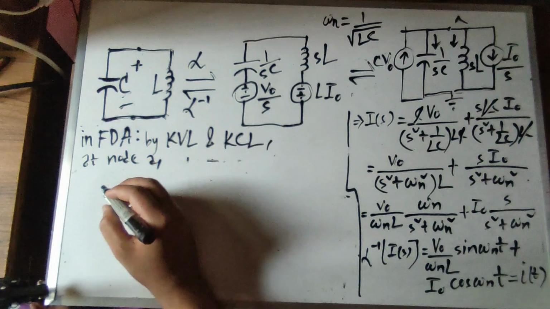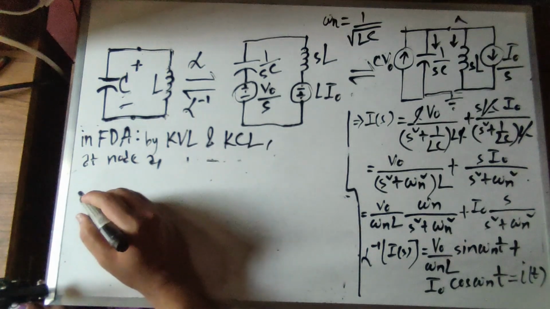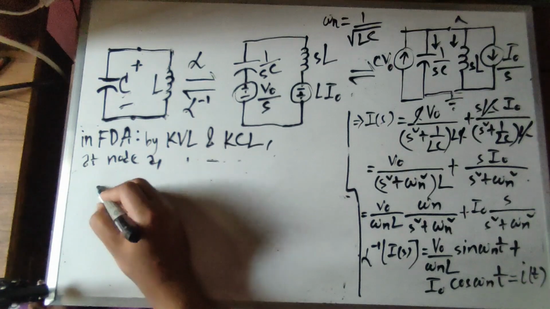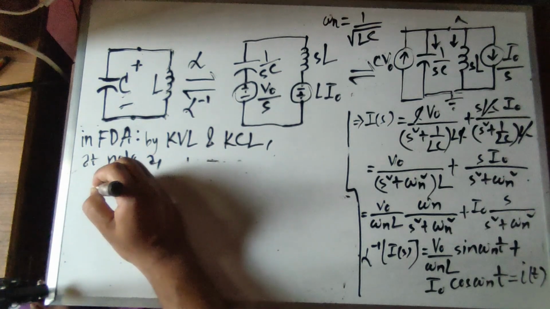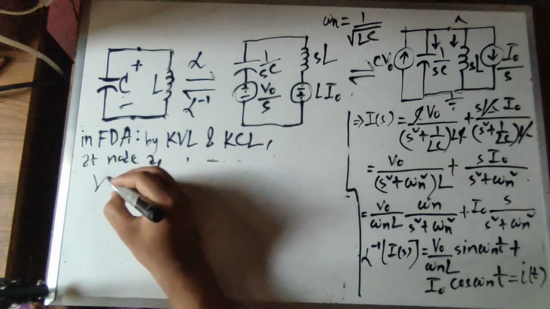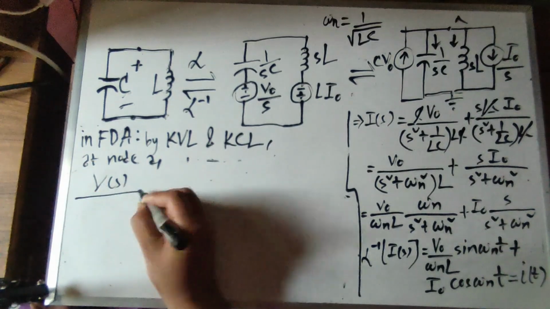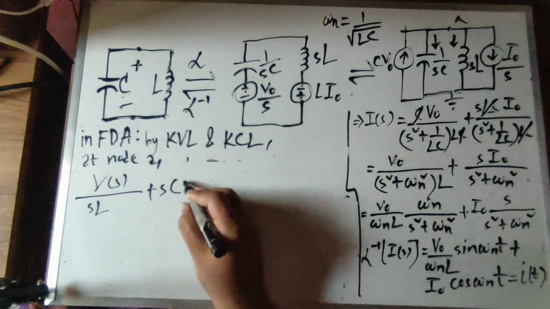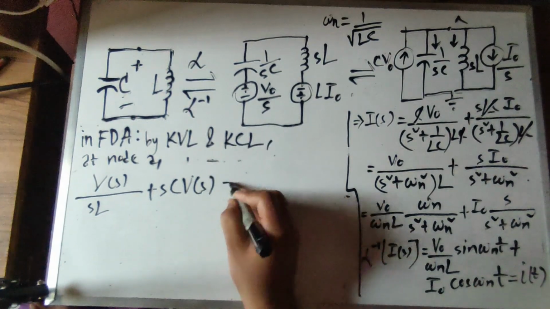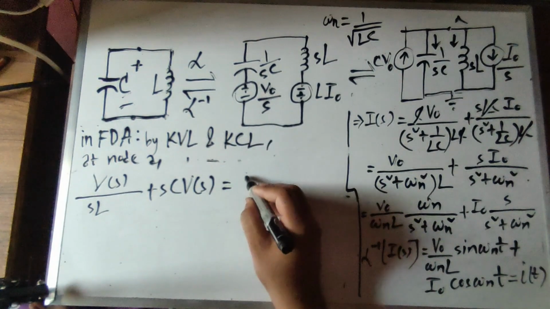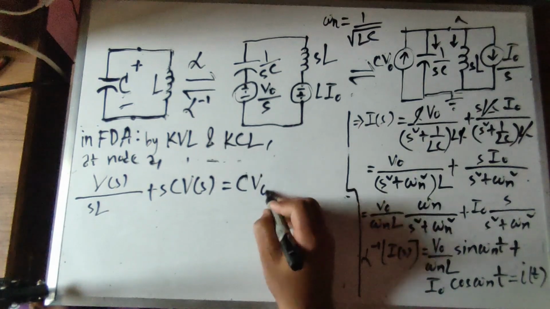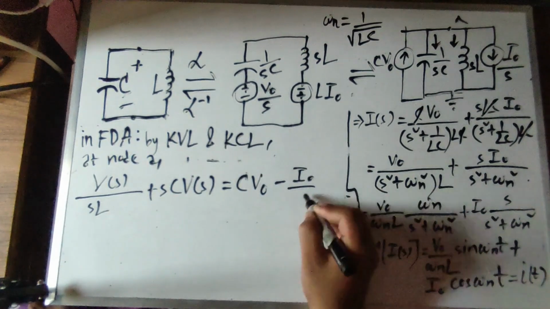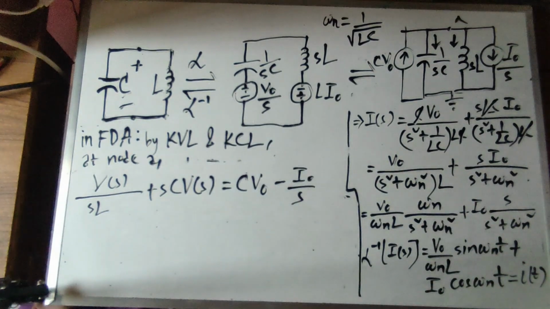So let me write the KCL equation: V(s) by sL plus sC V(s) equals C V0 minus I0 by s.